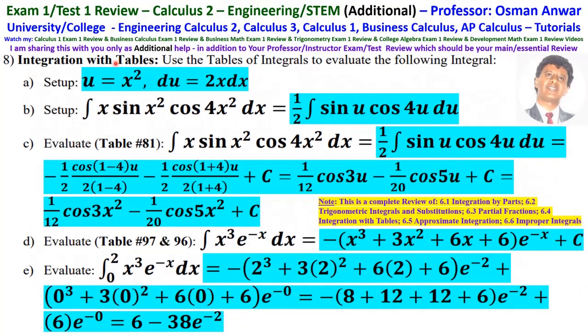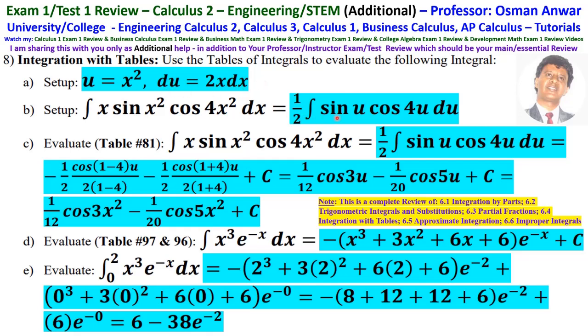Number 8 is integration with table. Use the table of integrals to evaluate the following integral: the integration of x sine x squared cosine 4x squared dx. We're going to call u equals x squared, then du is 2x dx, then x dx is du over 2.